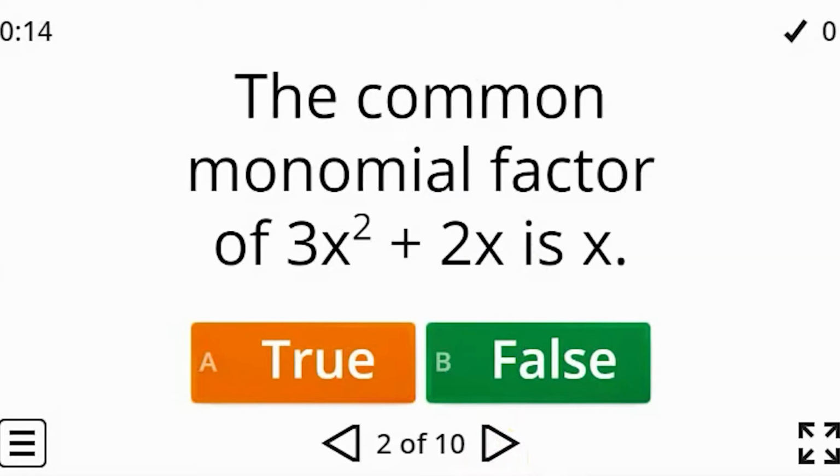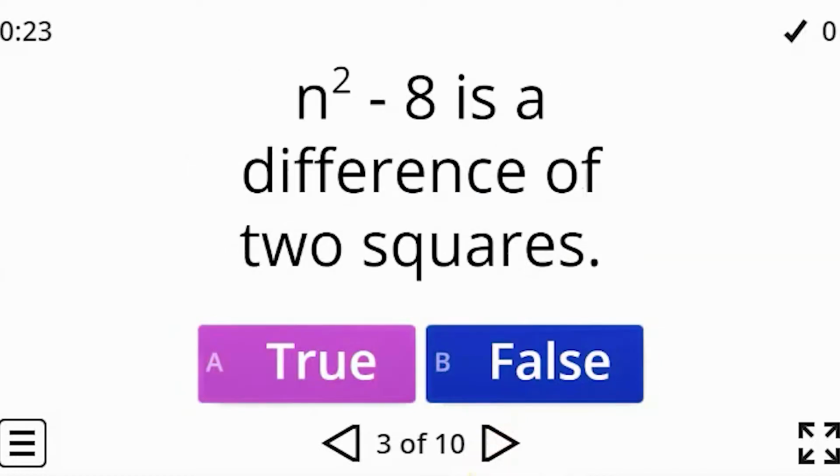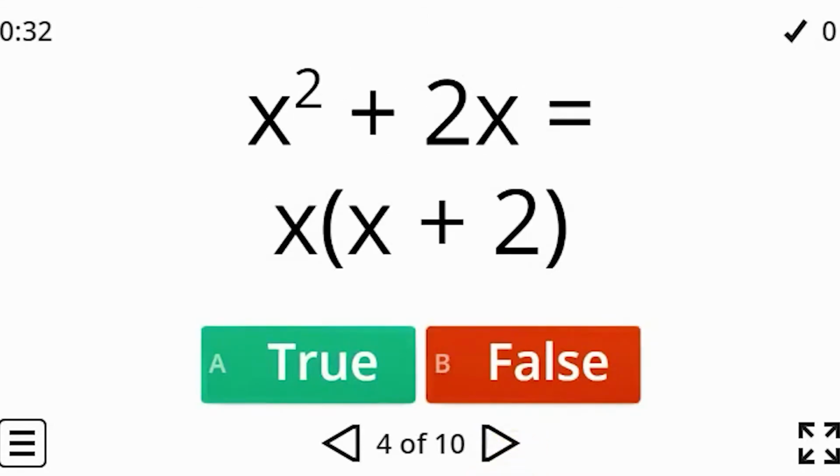Number 2: The common monomial factor of 3x squared plus 2x is x. Number 3: n squared minus 8 is a difference of two squares. Number 4: x squared plus 2x is equal to x times the quantity of x plus 2.